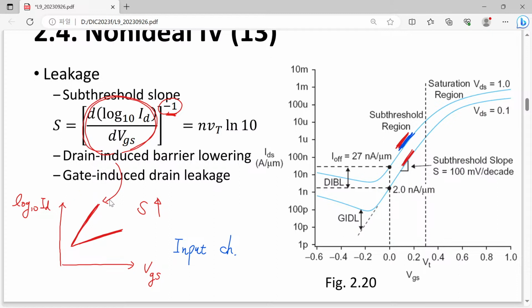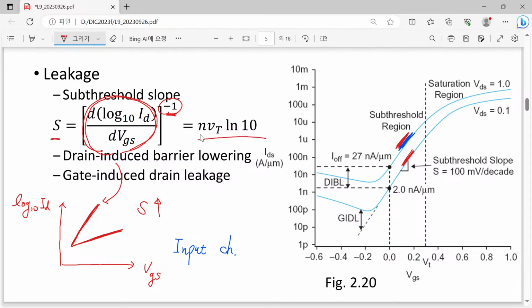How can you express this limiting value of the subthreshold slope? It is given by this form. Of course, here we have a certain unknown number n. Who decided this number? I will explain it later. However, here we have V_T. This is not the threshold voltage, but the thermal voltage, and this is about 25 millivolts at 300 Kelvin, and log 10 is just a number, about 2.3.